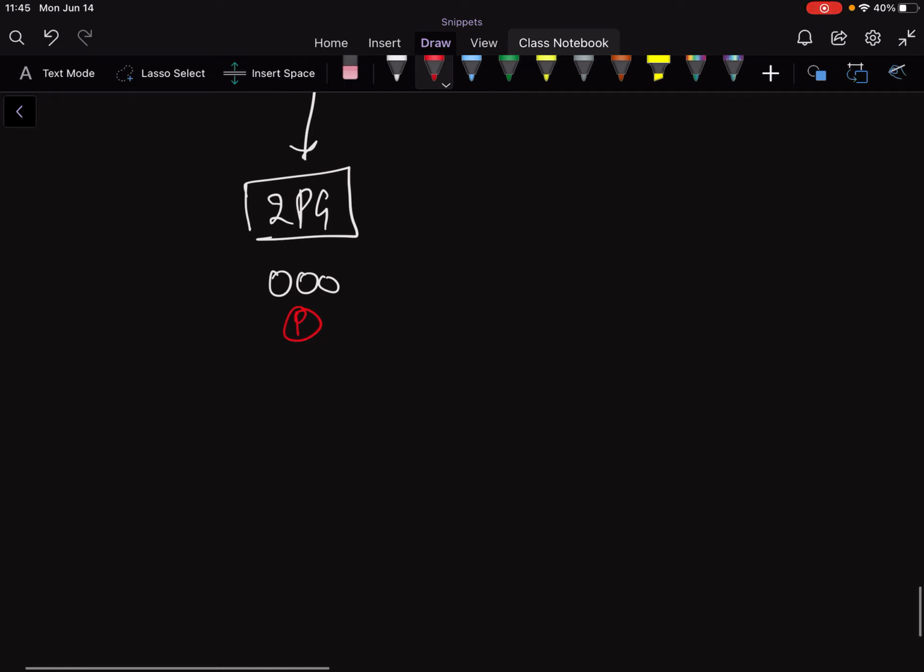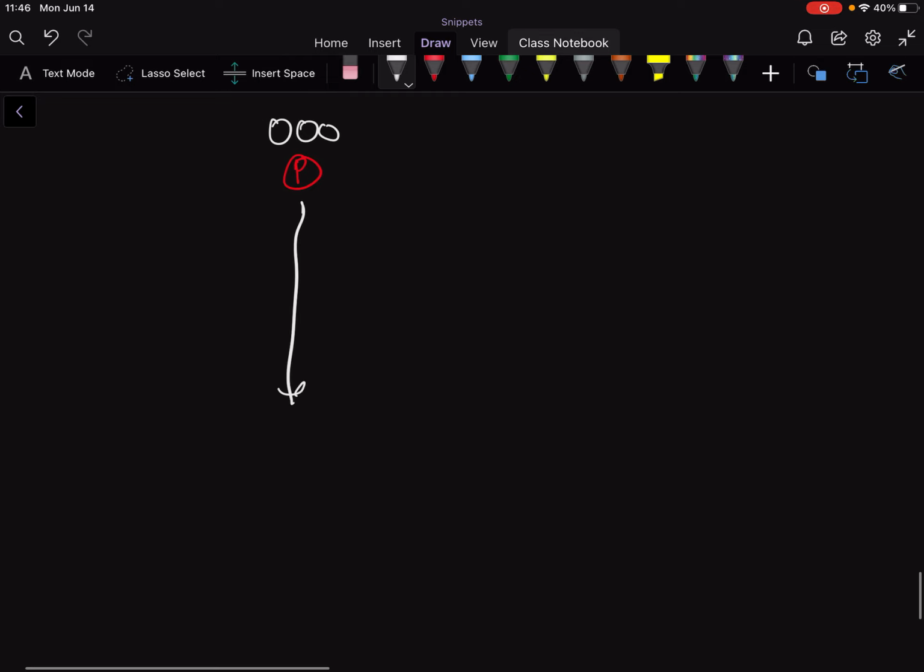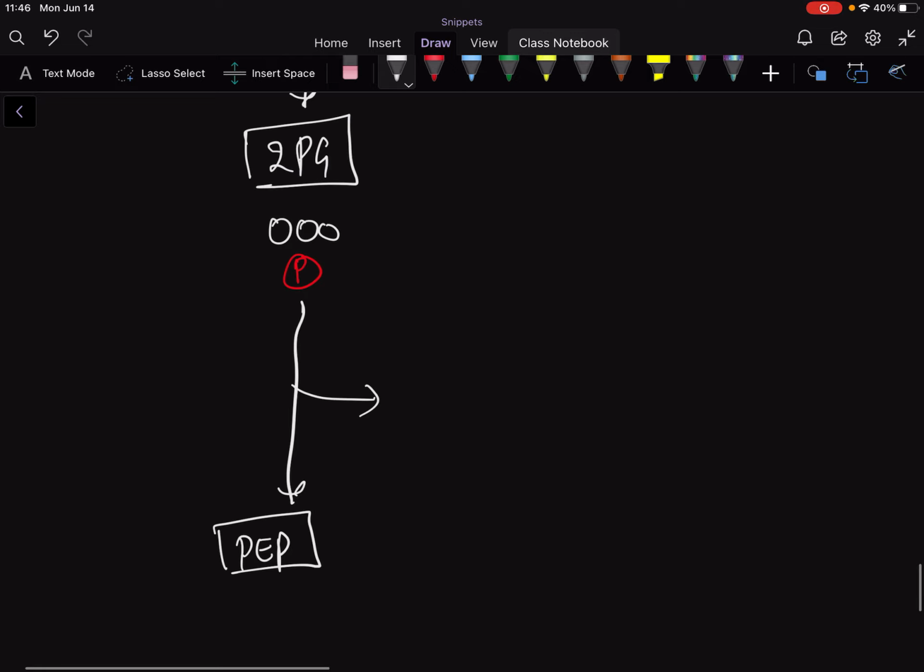And again this 2-phosphoglycerate is getting converted into phosphoenol pyruvate. During this, water is removed and PEP is formed. Okay, I remember it like that.